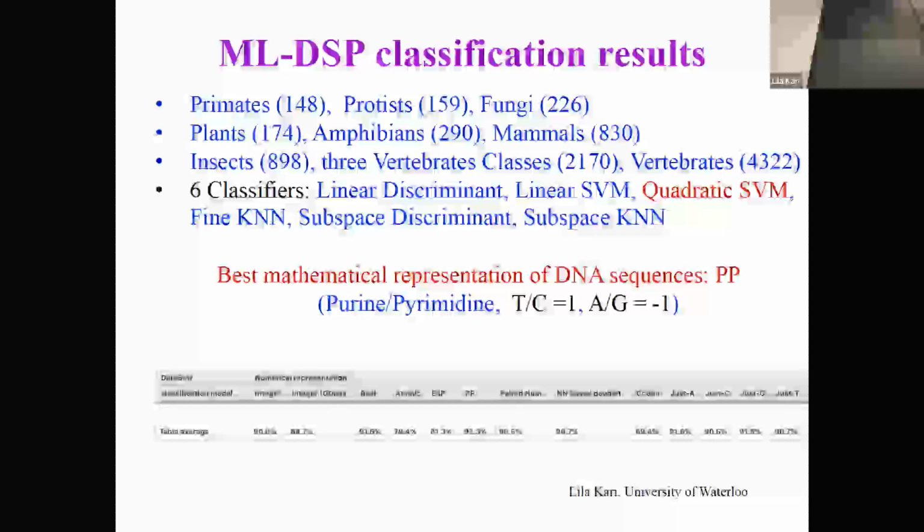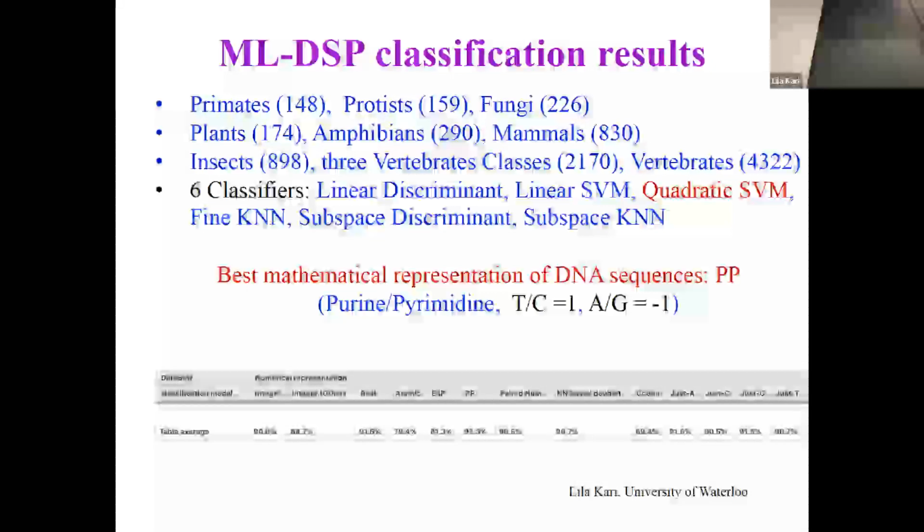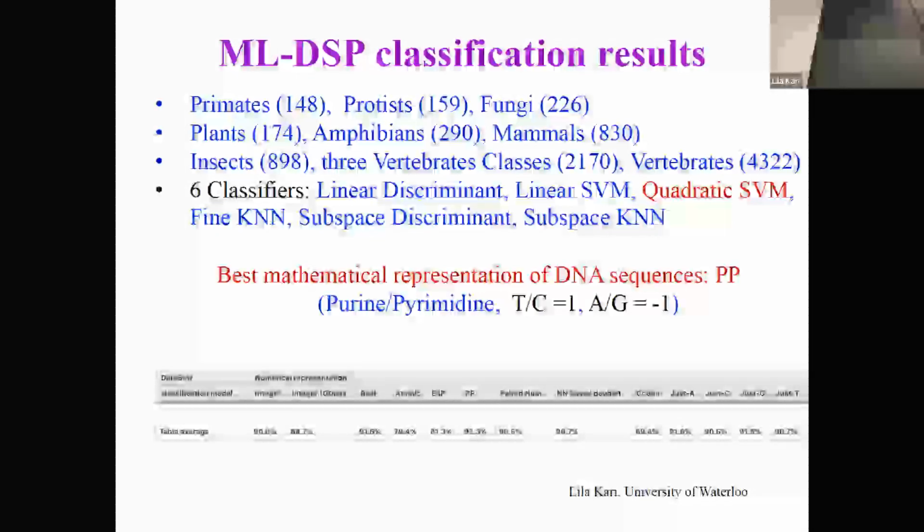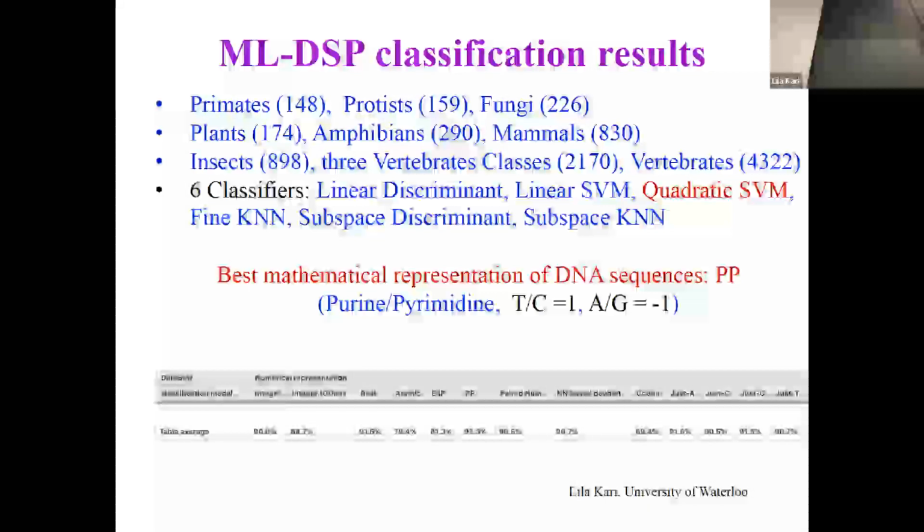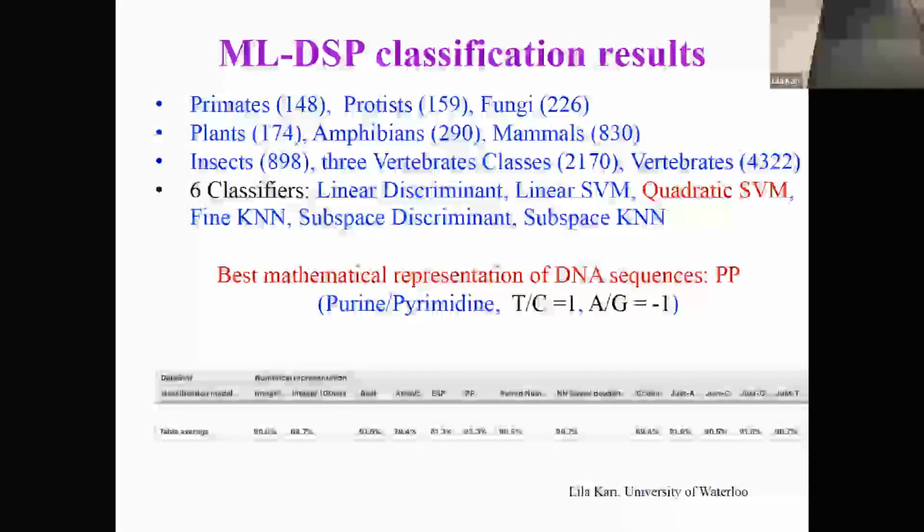What was more interesting to us, and we still don't know the answer to that, is that one other, the just-A representation, where A gets value 1 and everybody else is 0, did almost as well. Sorry, the best one was 92.3, then 91.9. This is where you only see where the A's are. I don't know why, and the biologists don't know why.